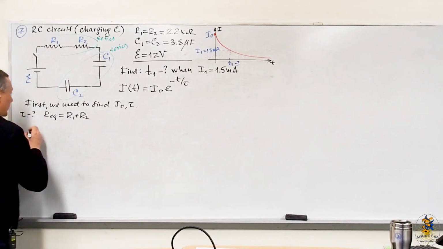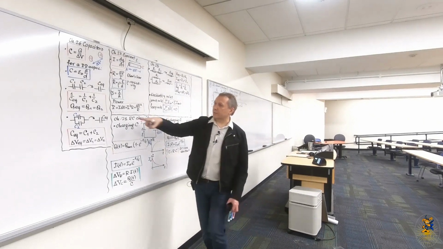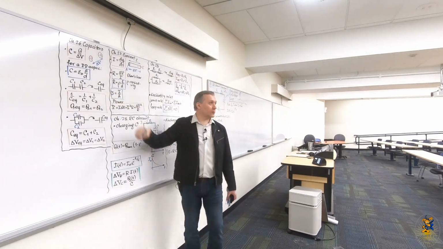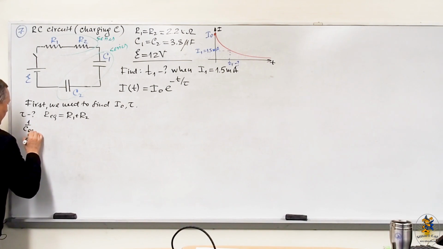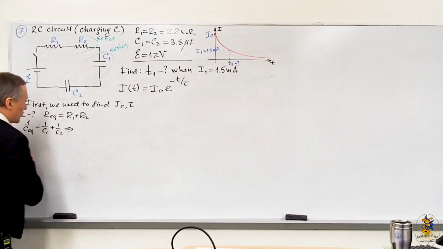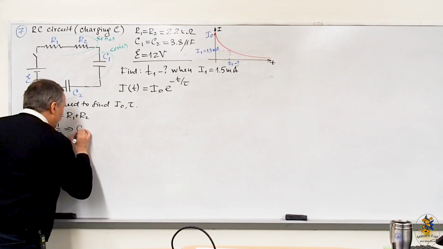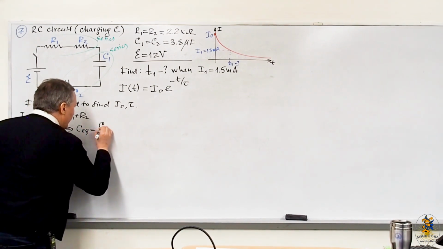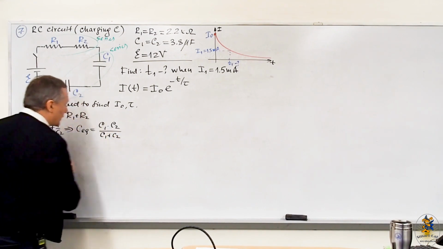Then C equivalent: in series, so I have to use reciprocals. So 1 over C equivalent equals 1 over C1 plus 1 over C2. Again, if you bring it to the common denominator and then flip it, you will get C equivalent equals the product of C1 and C2 divided by the sum of C1 and C2.